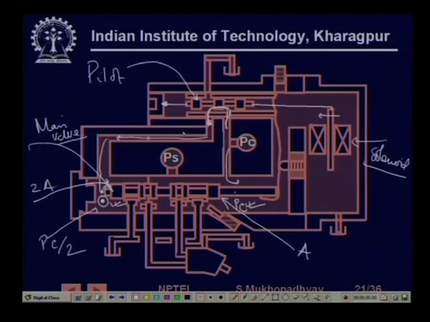So, the moment this rises above PC by 2, this valve will shift this way. Now, when this valve will shift this way, you see that this is the final actuator, this is the motor.